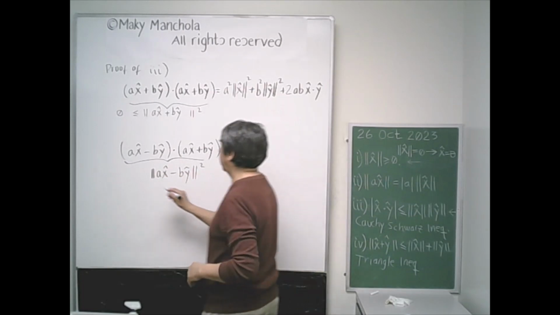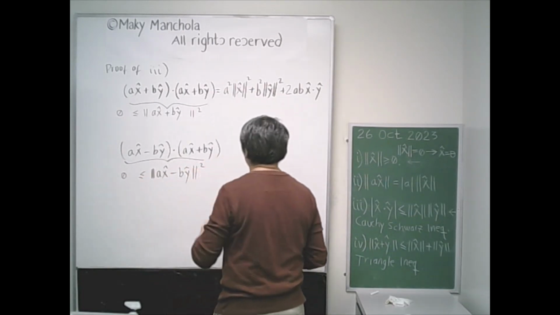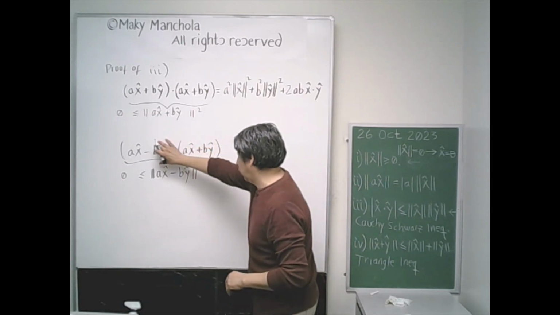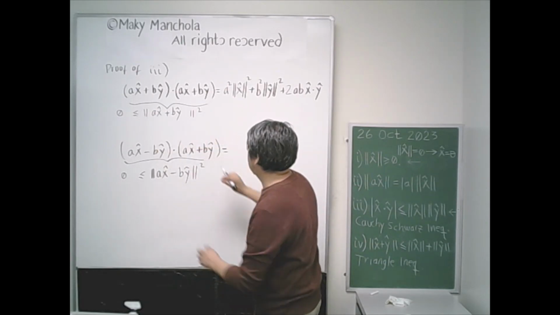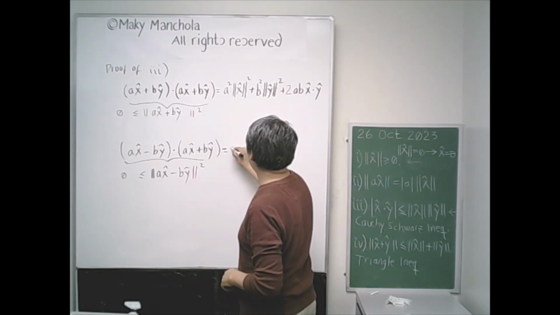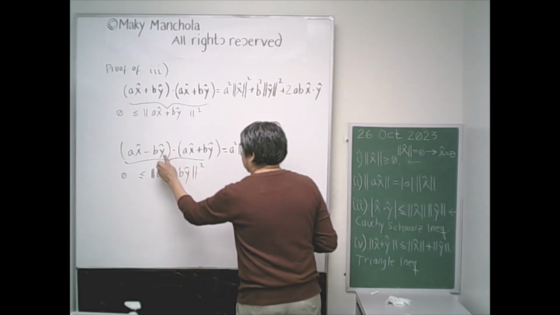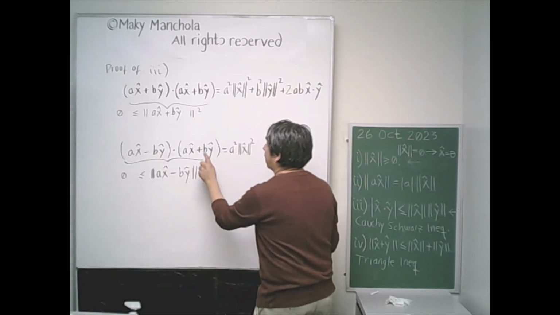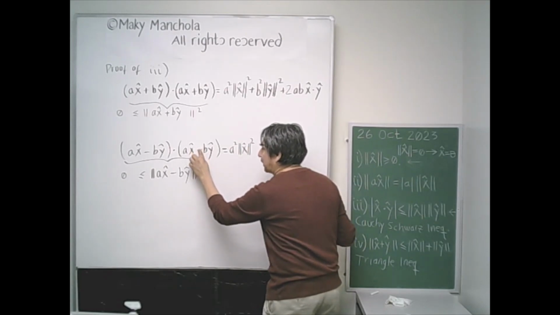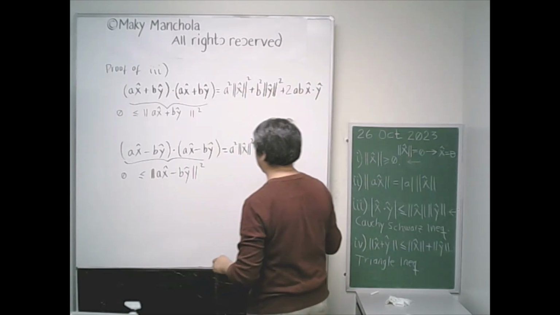So it is greater than or equal to 0. Now I've got to figure out what that dot product was. Well, a squared times the norm of x hat squared. Excuse me, here I have to put a minus. I meant to say both are minuses here. That's an error. Sorry about that.